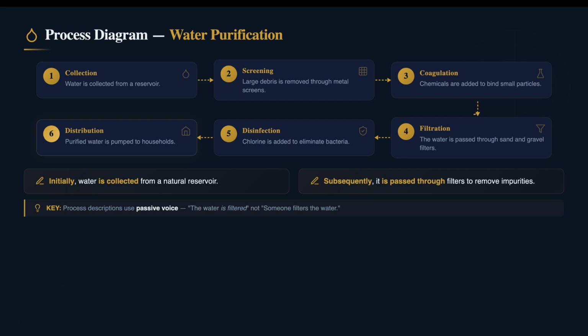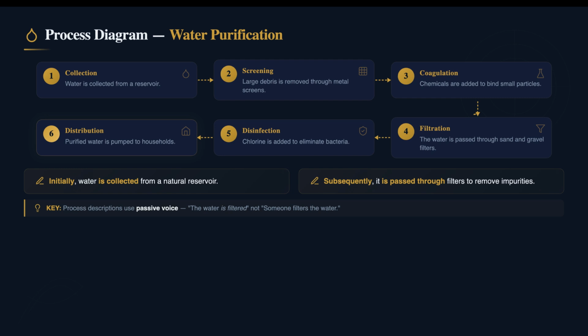And then we go to stage three, coagulation. Coagulation is the part where chemicals are added to bind small particles. So that's the purpose. And then we have stage four, filtration. Filtration is the process where water is passed through sand and gravel filters.